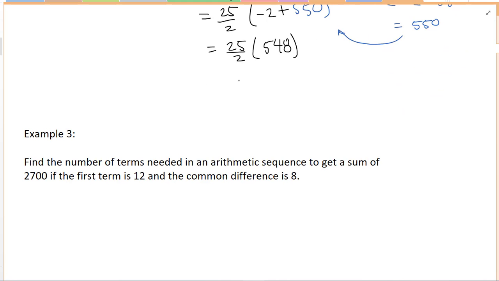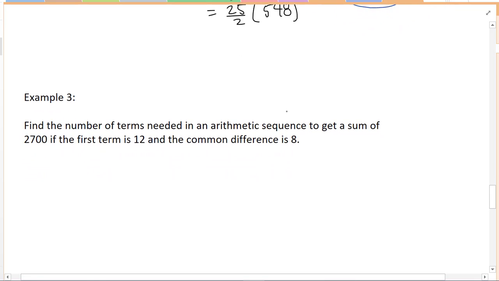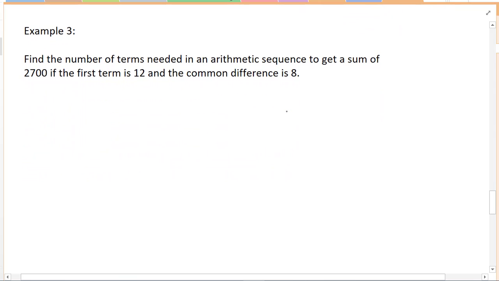All right, so here's example 3. Find the number of terms needed in an arithmetic sequence to get a sum of 2700 if the first term is 12 and the common difference is 8. So in this case, what's new? We are given the sum, so S is 2700.